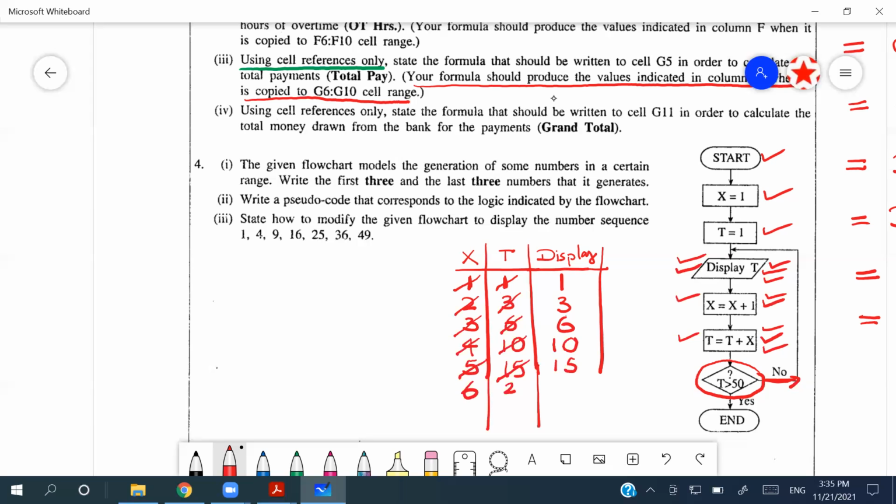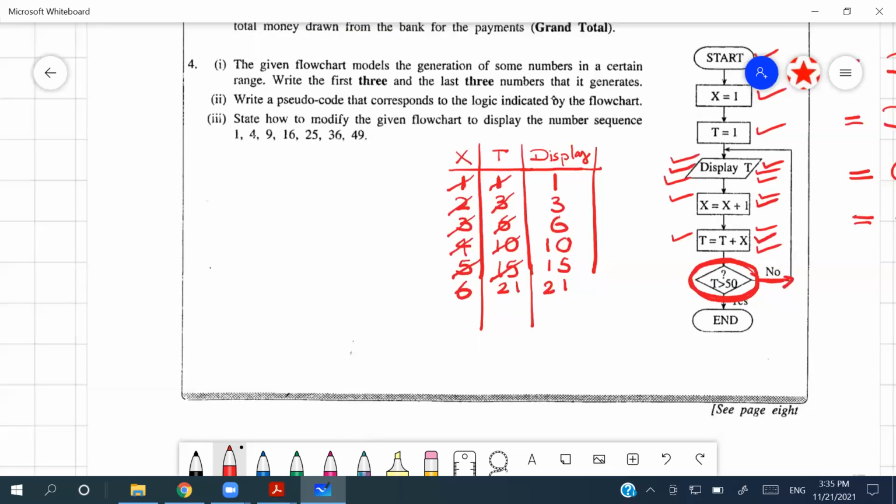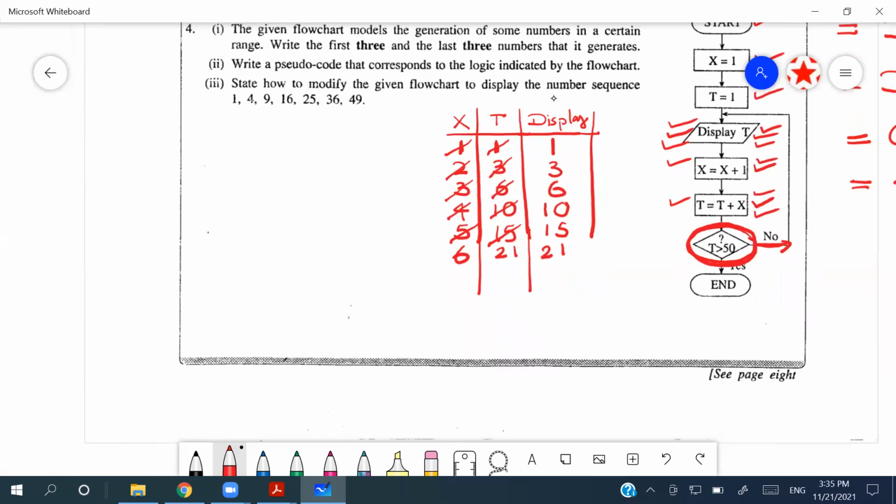So t will be 21. So displaying t will happen. So 21 will be displayed. Then x will be increased by 1, 7. t will be added to x. 21 plus 7 is 28.